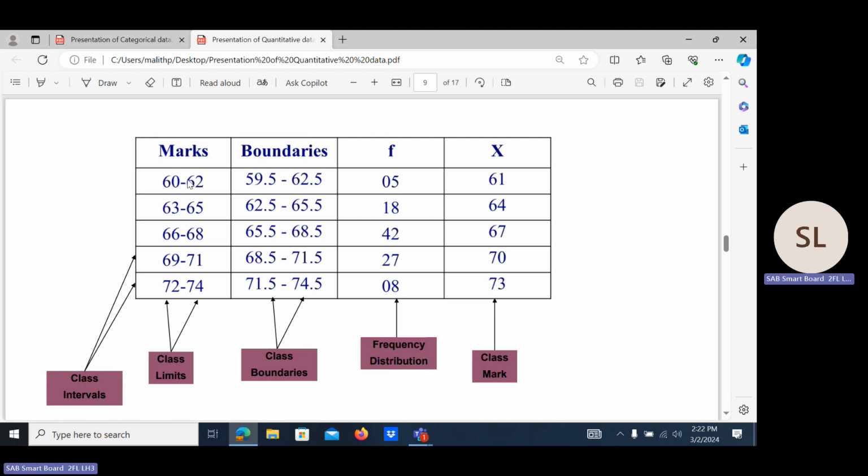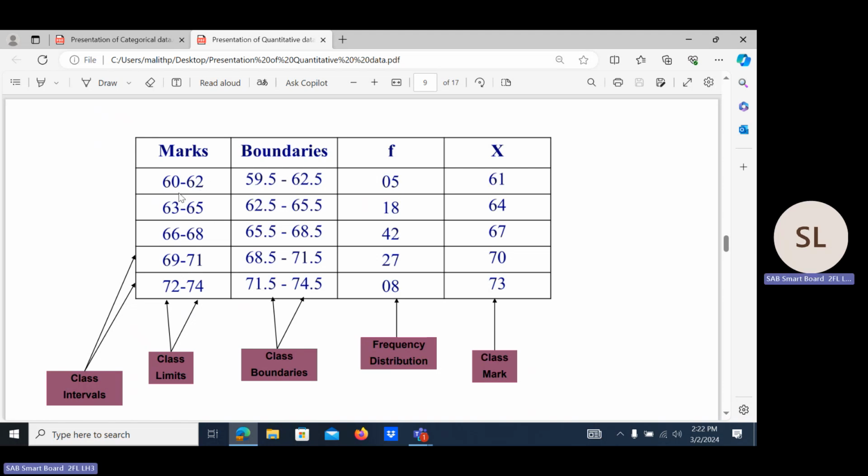First identify the first class interval, 60 to 62. Then 62, and there is a 63. What is the gap between 62 and 63? 1. Take the value in between these two values, divided by 2.